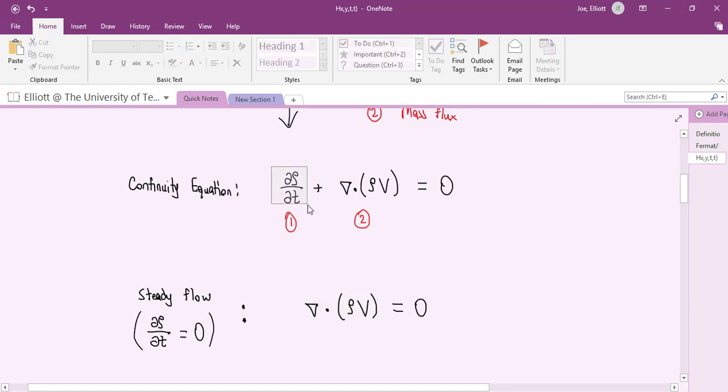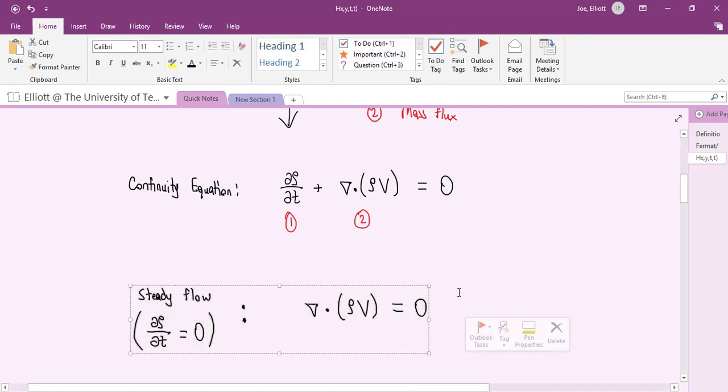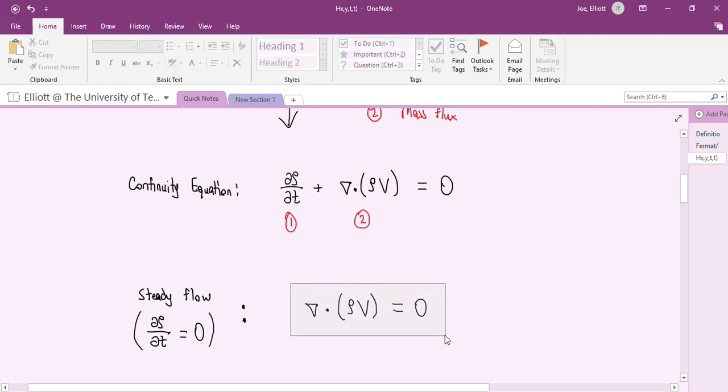So this term goes to 0 for a steady flow. And we just have that the divergence of the density times the velocity field should equal 0. So this is kind of like the general continuity equation, and for the special case where you have a steady flow, the continuity equation simplifies down to just this equation.